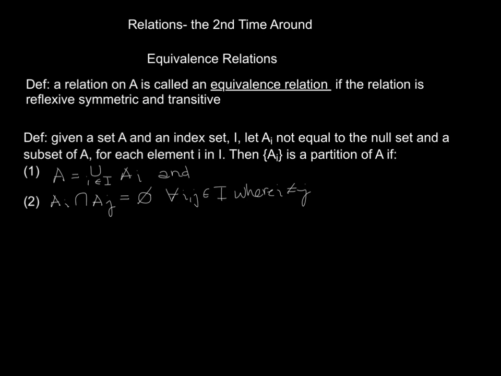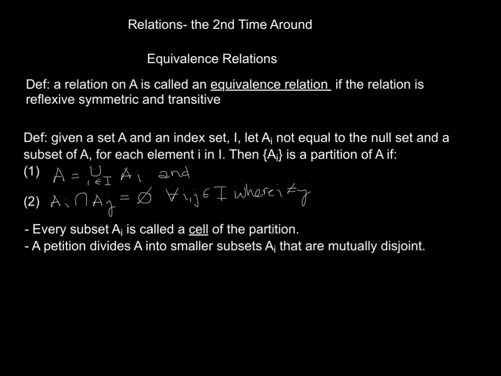Given a set A and an index set I, let A sub i not equal to the null set and a subset of A for each element little i in the index set I. Then the A sub i's are a partition of A if A is equal to the union of all the A sub i's, and the A sub i's are disjoint. So their intersection is null as long as we're talking about different A sub i's.